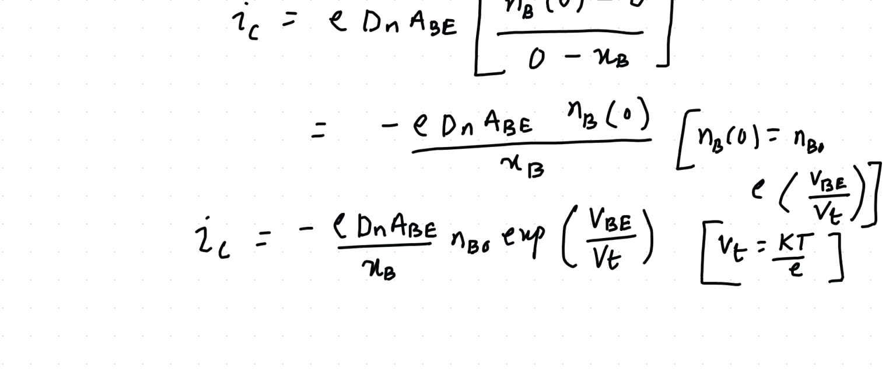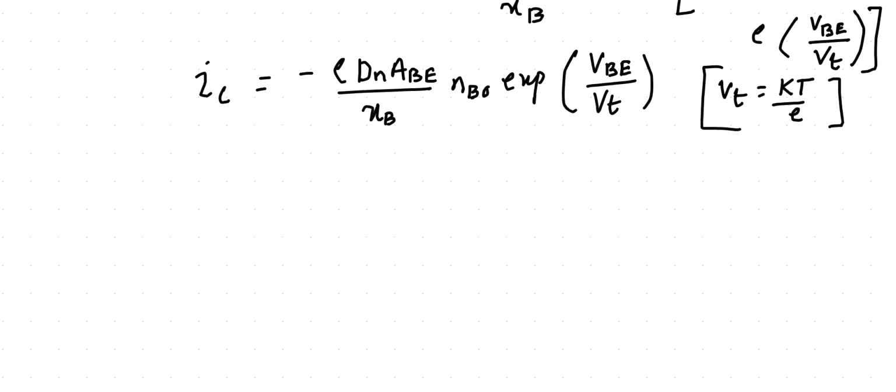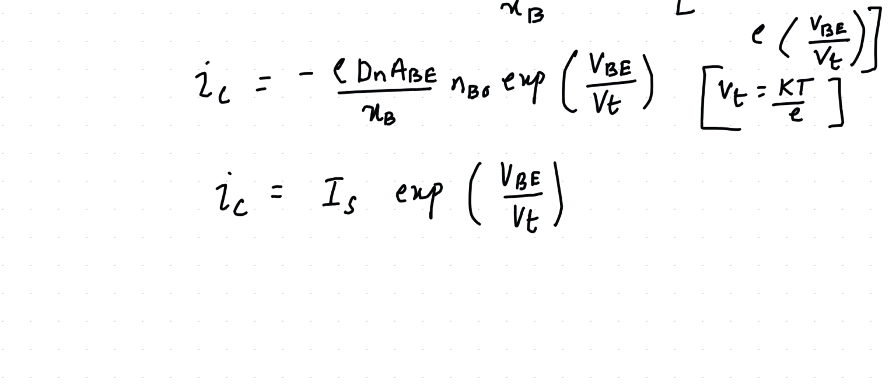Now one thing we can write from here, in terms of saturation current: IC is equal to IS, and this exponential term as e^(VBE/VT). Here IS is equal to minus E Dn ABE by XB, NB0.